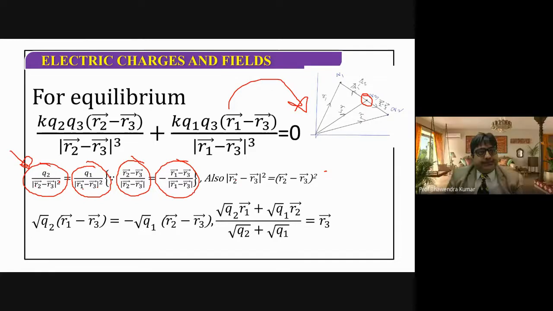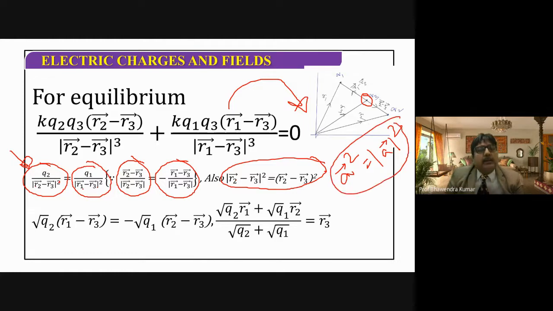Yes. But we know that for any vector, the magnitude square is equal to the vector itself squared. If I write vector A square, it is nothing but the mod of vector A square. Do you understand it? Yes or no?